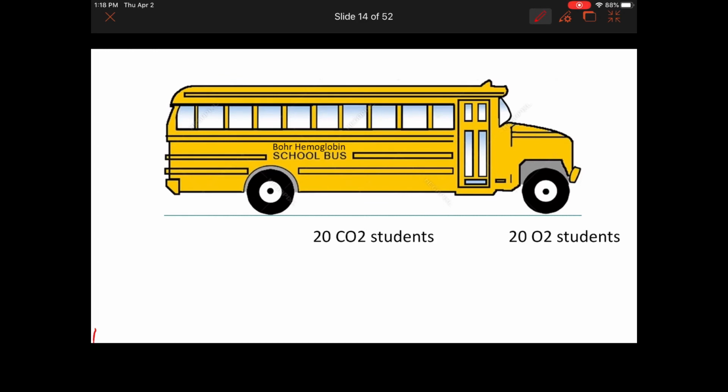So if at the end of the school day, the students needed to ride the school bus home, and say 15 carbon dioxide students got to the bus stop first, and say only 5 oxygen students arrived before the bus had to leave, then no more oxygens could get on board the bus because more carbon dioxide students were able to get on the bus first.